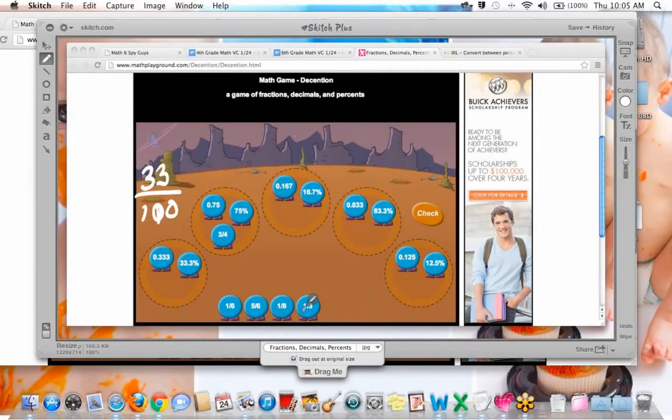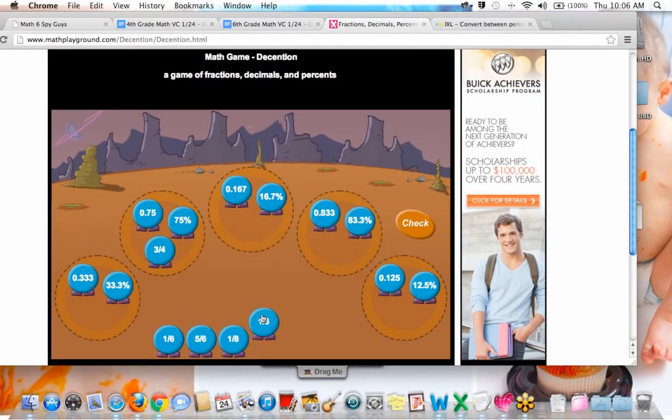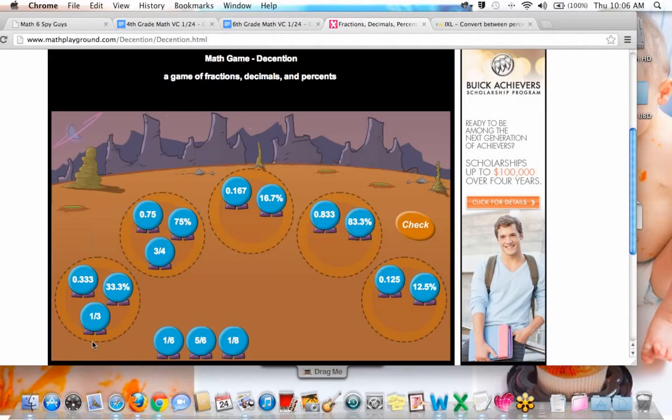And just by looking at these choices below, you should know that this is the only one that would be anywhere near that percent. So 1/3. So it's just a little bit of common sense there.